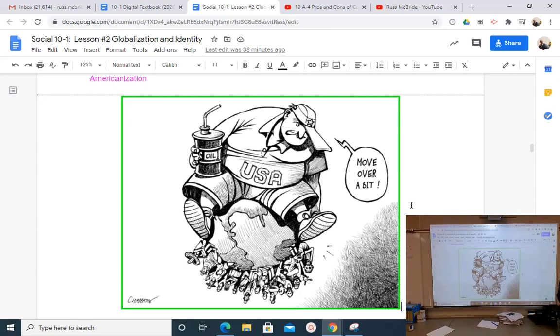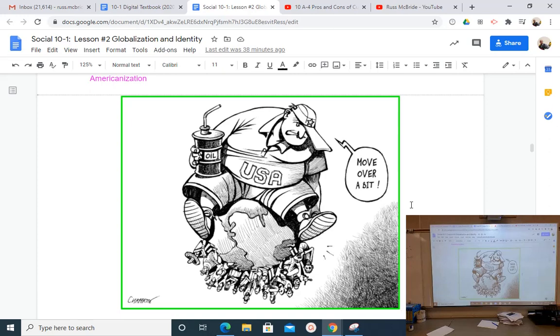They want to be Americanized. They want to have their own house. They want to have the car. They want to have the leisure time. They want to have all of those luxury items that are being bombarded to them through globalization, that they see on the media. They want to have those lifestyles that are being showcased by Hollywood or by social influencers.